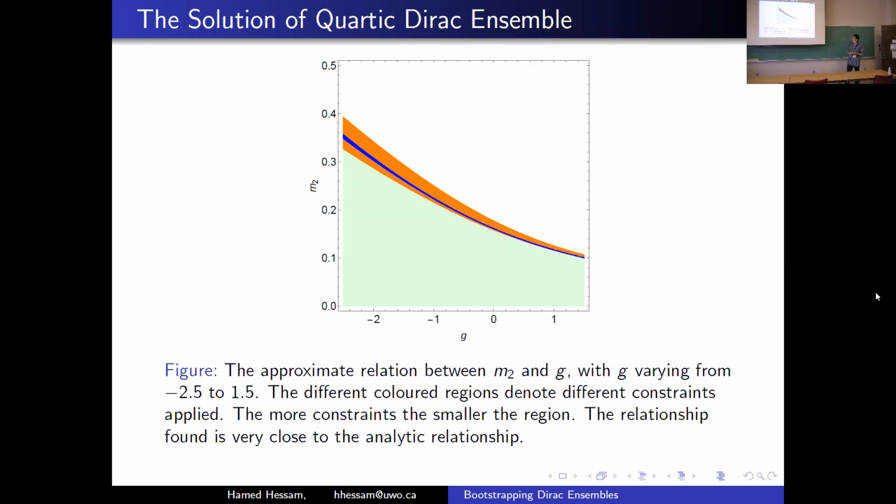So this is the solution of the type 1-0 when G is negative. Sorry, what's the cutoff? I forgot, but it's not 10. It's probably lower. It goes to the actual answer very fast.